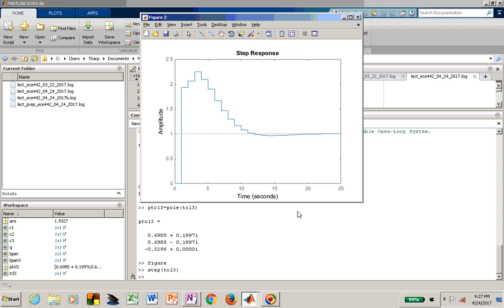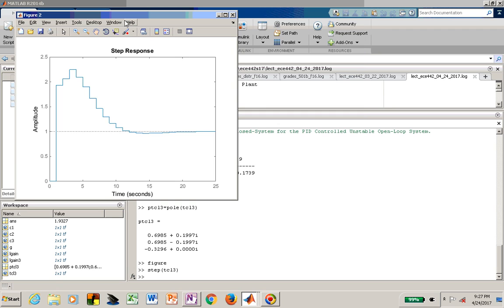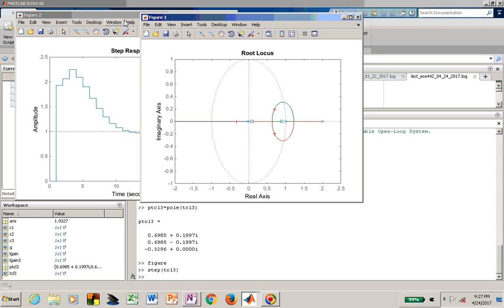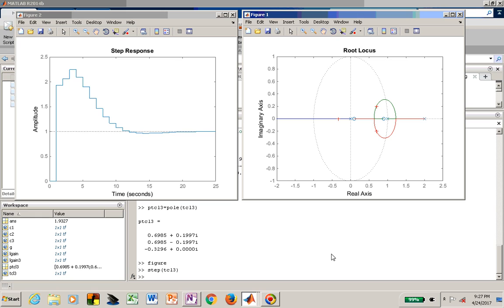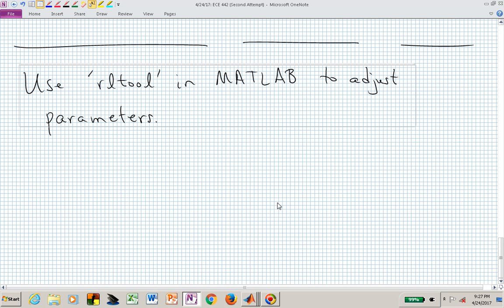So now that gives us a way to create an acceptable PID controller design by iterating on the movement of these zeros, and we did that using the rltool function, and that now allowed us to come up with a nice PID controller.